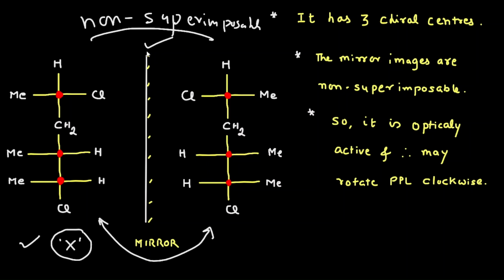It means these two are enantiomers of each other. These two are separate isomers which are called enantiomers or optical isomers, and both are optically active.